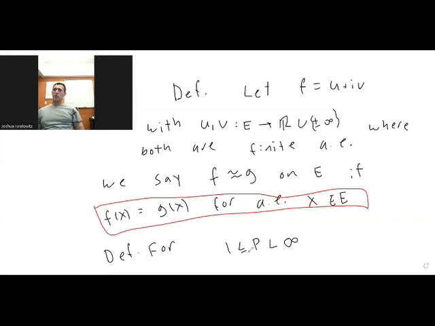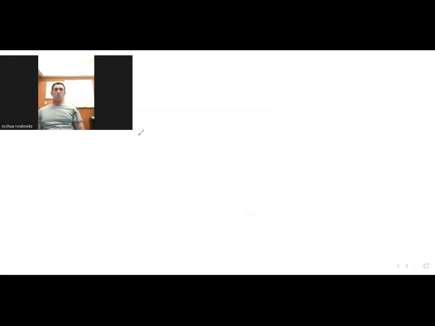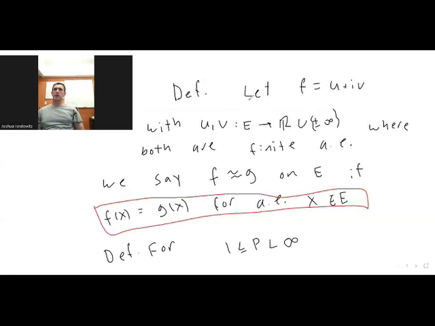So for p between 1 and infinity, and I'll talk about p equals infinity in a little bit, I'm going to define LP of E to be the equivalence class of all such f, where this integral here is finite.